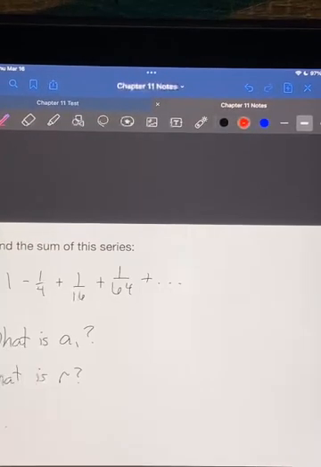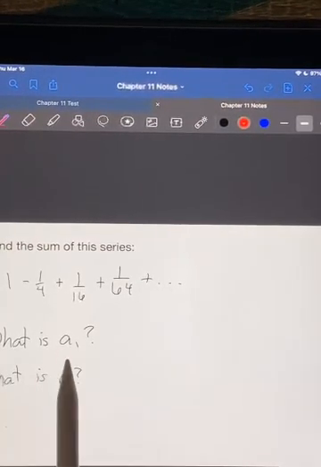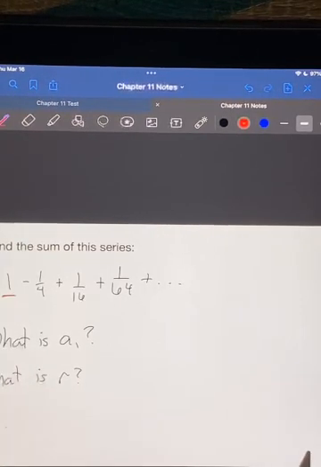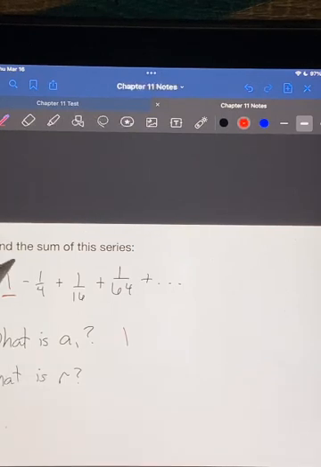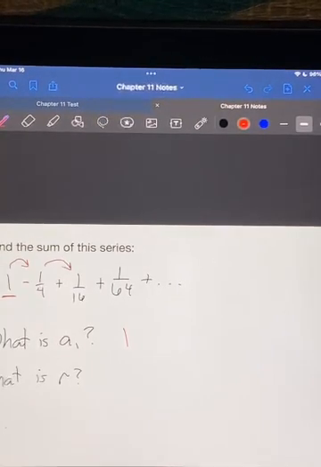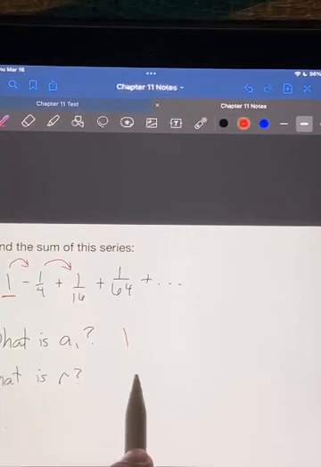Okay, so let's look here. If we were going to find the sum of this series, the things that we need to know are what's our first term and what is our ratio. Our first term, we know that it would be 1. That's where we start. And what is our ratio? How do we get from 1 to 1/4? Or negative 1/4? How do we go from negative 1/4 to 1/16? Well, we have an R value that's going to be raised to an exponent.